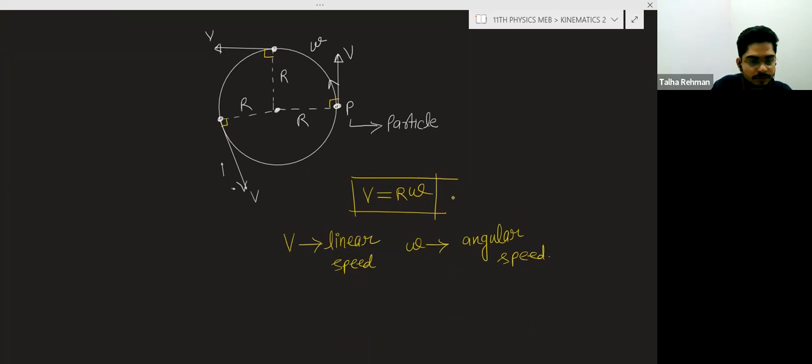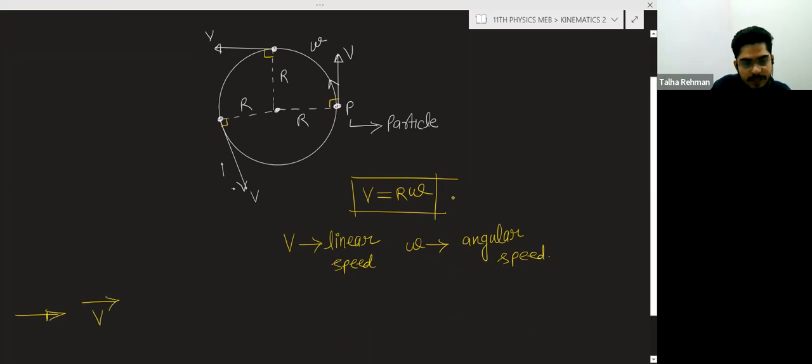But in actual, what happens? Basically, the relation is that the linear velocity v vector is equal to omega cross r vector. This is a cross product.